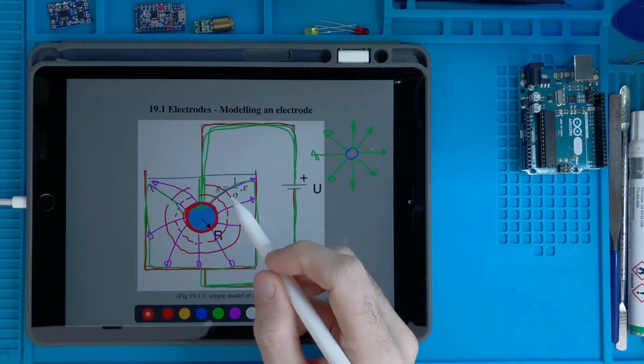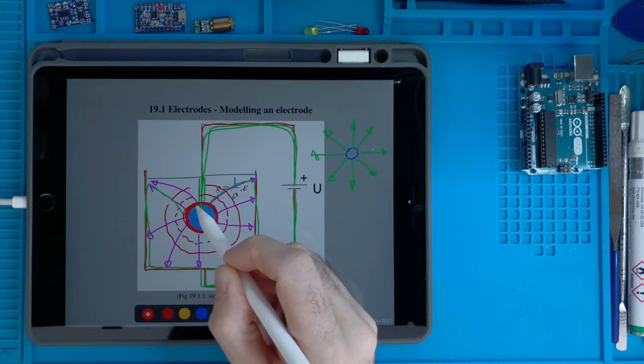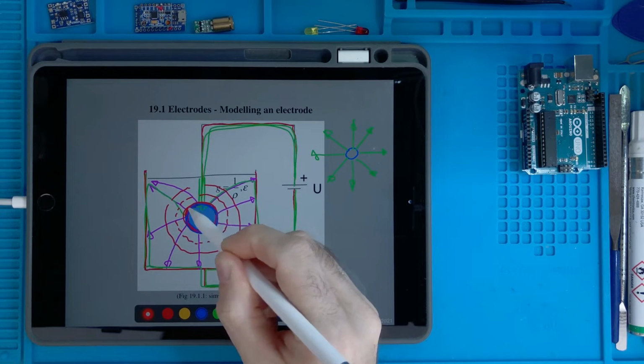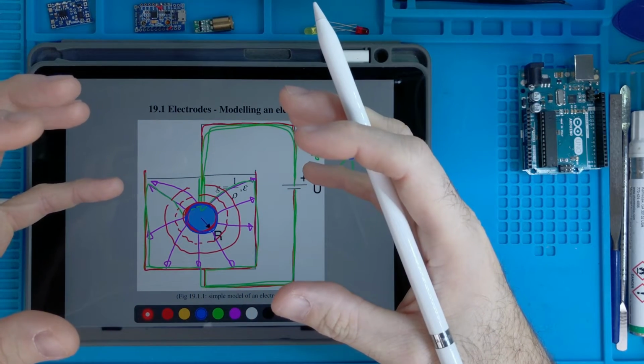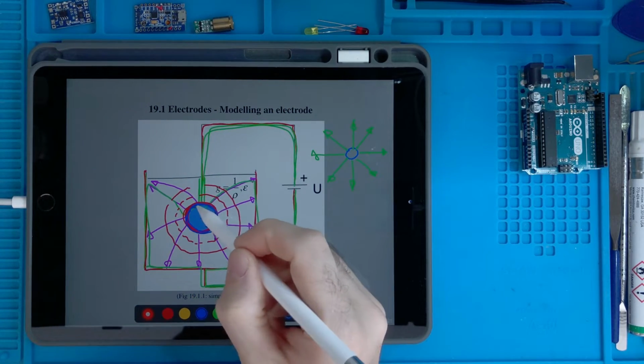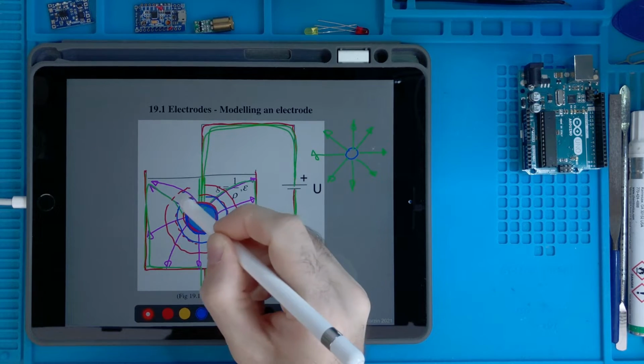So we know that the charge is conserved, you cannot destroy charge. So the charge that is exiting out of this spherical shell and moving through the sides of the metallic beaker is passing through this cross section, but also this one and also this one.